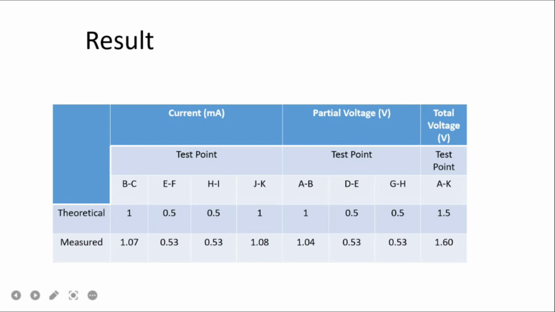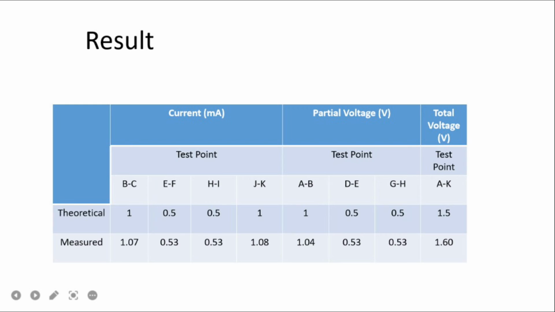The main reason why the measured data were higher than the theoretical data is the power supply from the battery. The 1.5 volt dry cell was 1.60 volt, which is higher than the theoretical value.